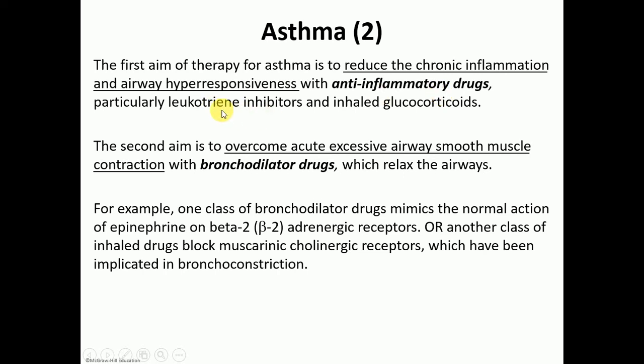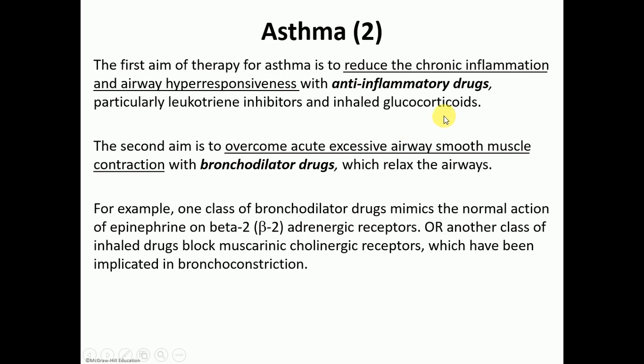For example, leukotriene inhibitors. One of the first things would be, for instance, montelukast, which is Singulair. That is a leukotriene inhibitor that decreases the inflammation. Or sometimes in acute cases, if somebody has bronchial asthma and then gets a viral infection on top, their asthma was controlled, but now with this viral infection it's exacerbated.